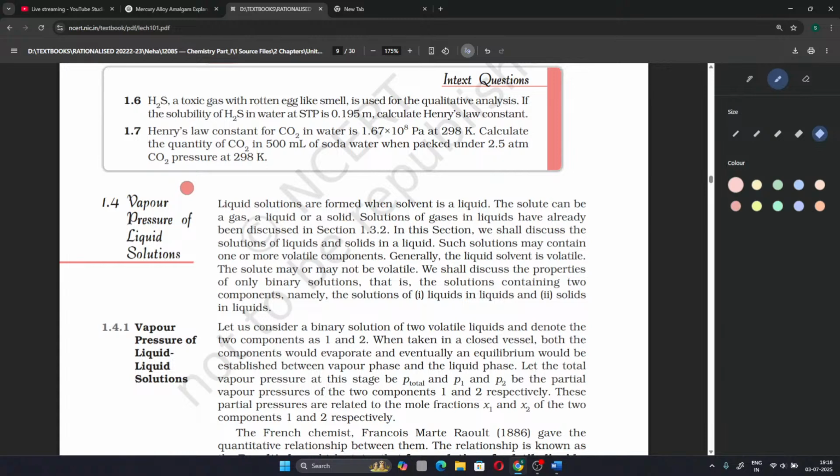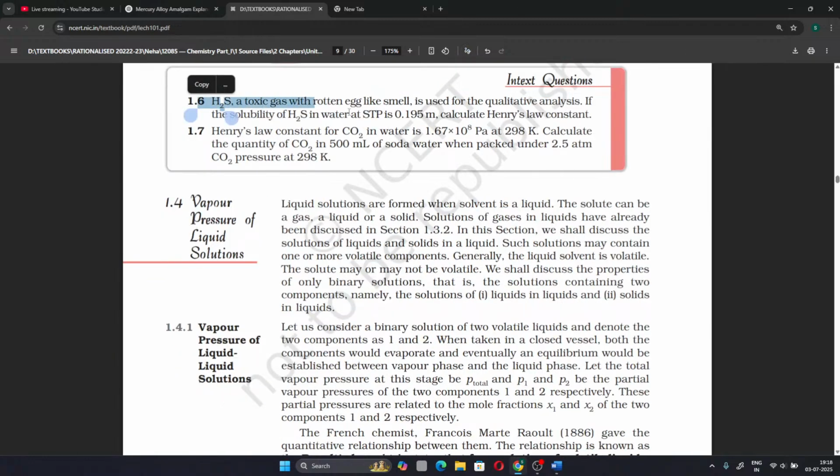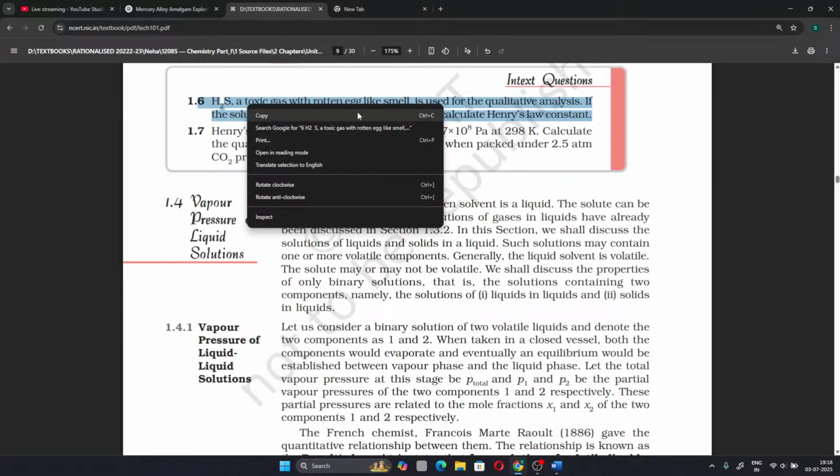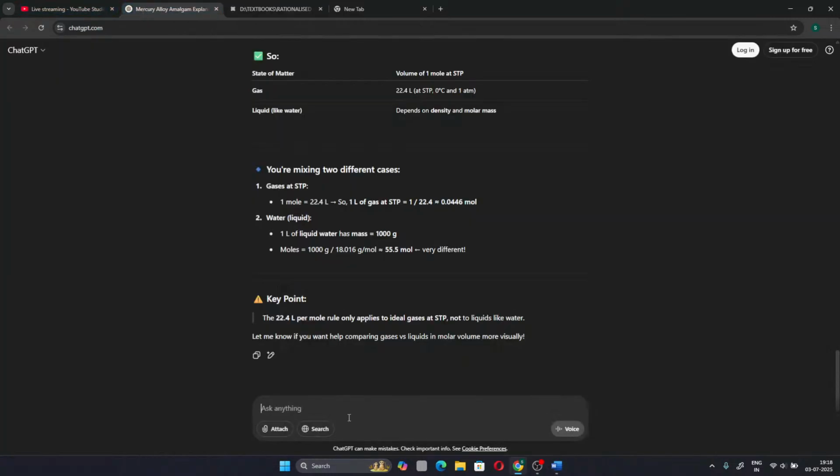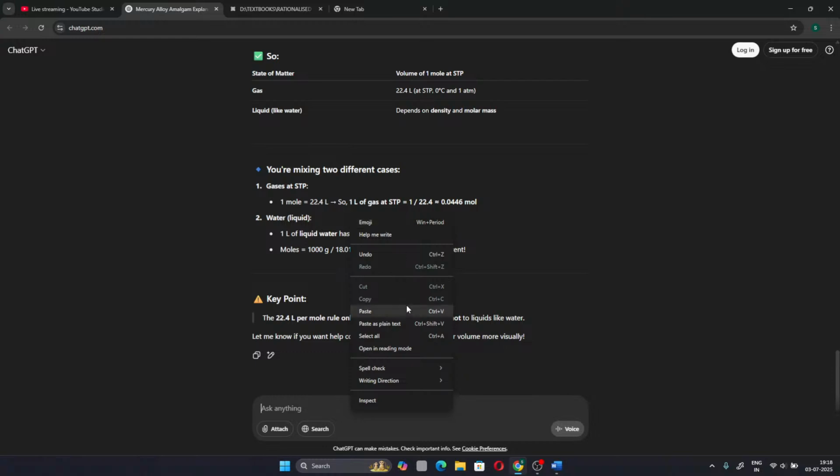No. If the solubility of H2S in water at STP is... let's see.